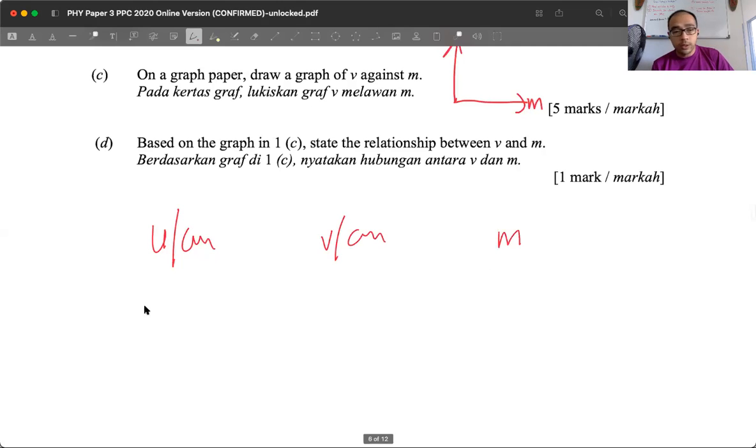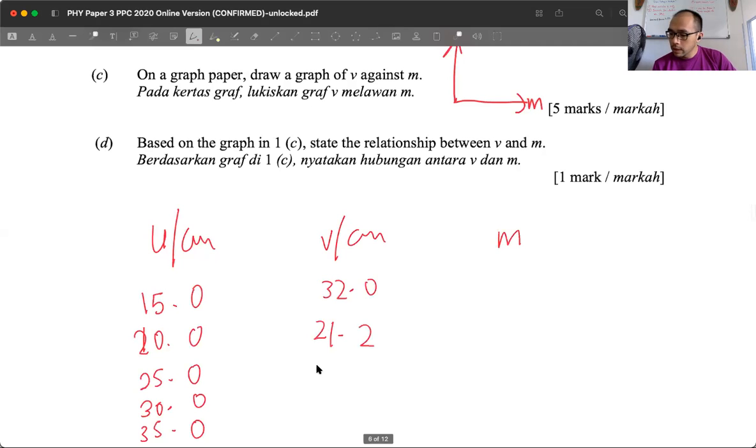Now the values will be 15.0, 20.0, 25.0, 30.0, 35.0. And then V with 32.0, 21.2, 17.4, 15.4, and 14.5.